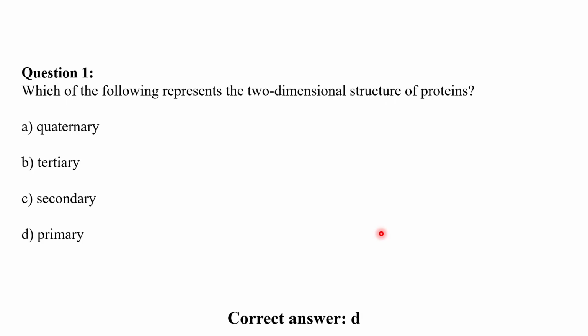These are basically the stages of protein folding. You have the primary structure, which gives the two-dimensional structure. Then you have the secondary structure, the tertiary structure, and the quaternary structure.